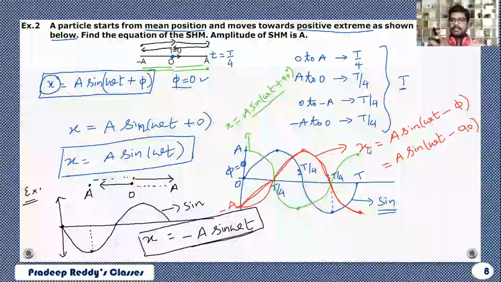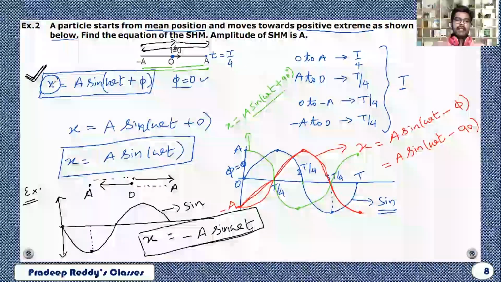This is the way you can represent the motion of the particle. If the particle is executing simple harmonic motion, based on its position, you can write down the equation for displacement of the particle. If the equation is representing simple harmonic motion, definitely it should always be in this form. If the particle is purely moving along x-axis, you can write it as x is equal to a sine of omega t plus pi.